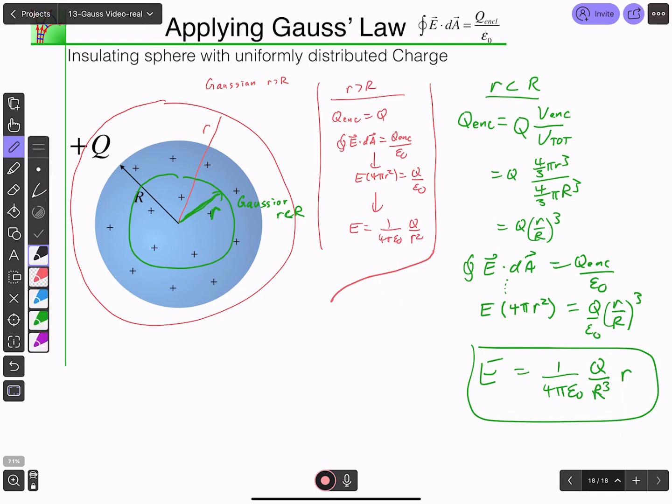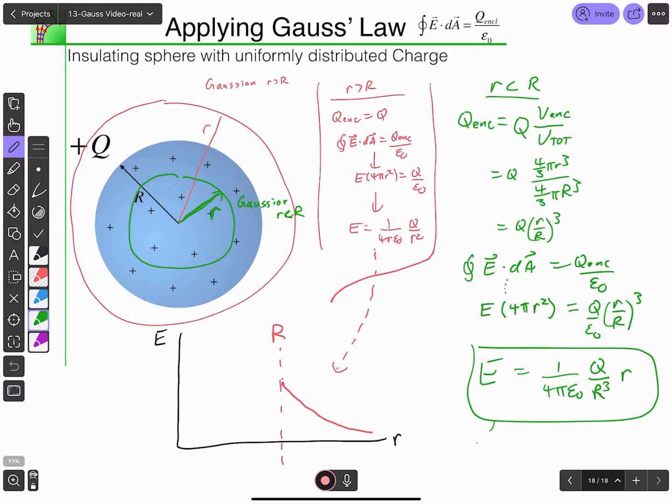The best way to see that is to draw a graph again of the electric field versus the distance r. When we're outside, it just goes off as 1 over r squared again. We saw that it does this thing here. It's just a 1 over r squared, that's from this.